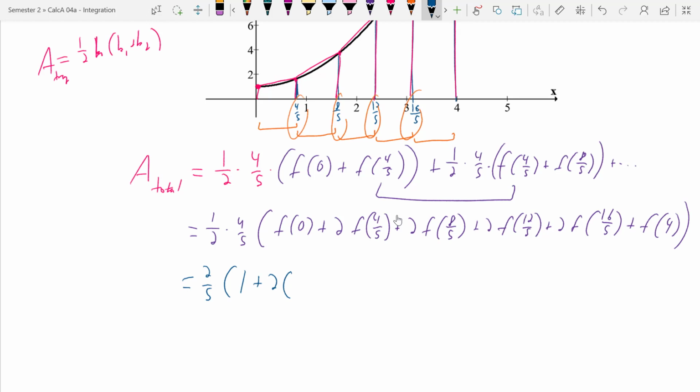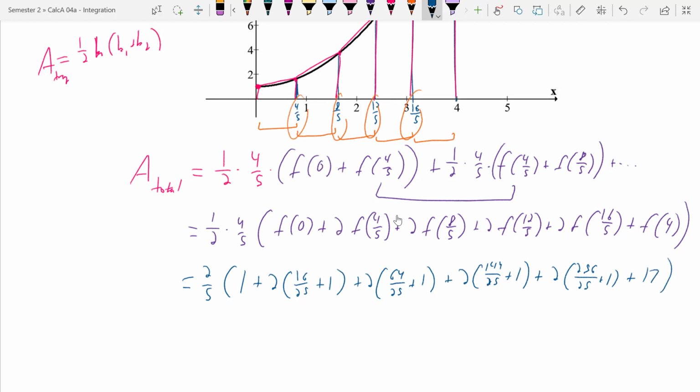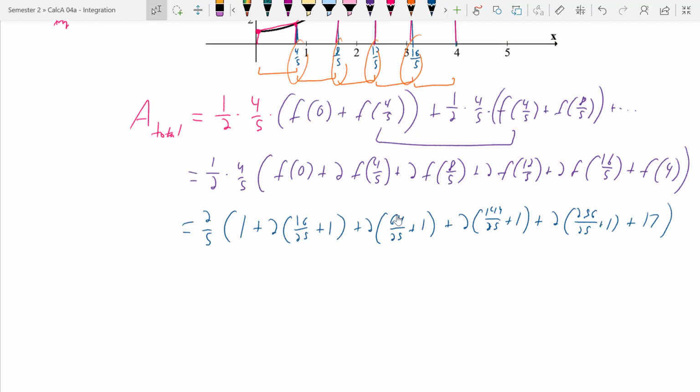Squaring 4/5 gives 16/25, plus 1 because the function adds 1, plus 2 times 64/25 plus 1, plus 2 times 144/25 plus 1, plus 2 times 256/25 plus 1, and then plus 4 squared plus 1, which is 17. Next I can do some almost trickery and use some solid math skills to add this really quickly.